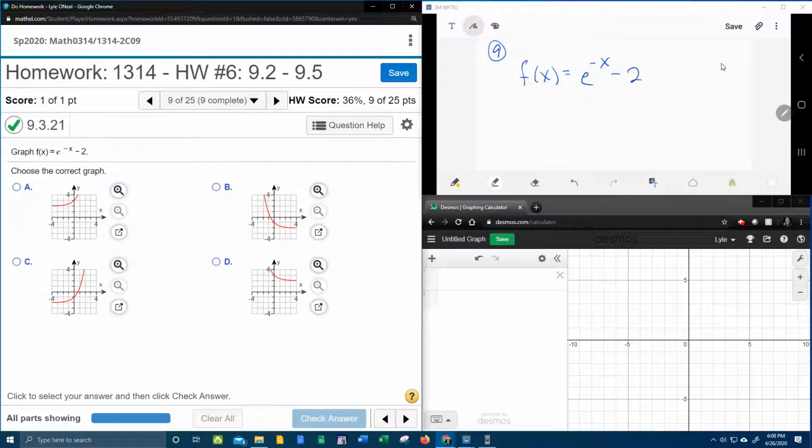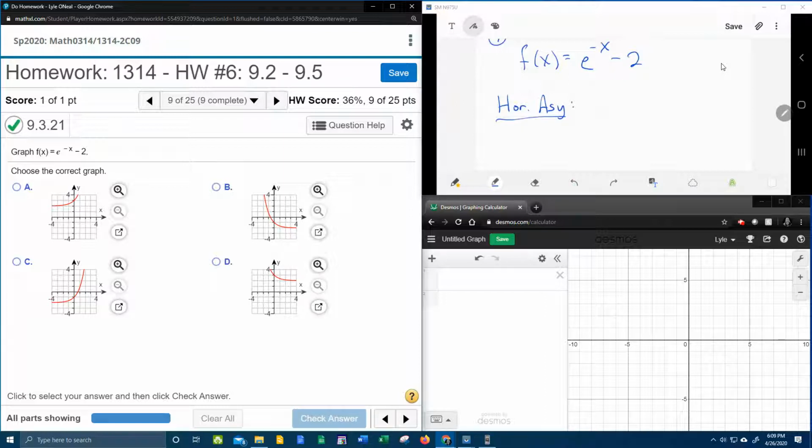In order to graph any function, really, but an exponential function, the first thing I want to remind you of is that every exponential function has a horizontal asymptote, okay? And the horizontal asymptote occurs at the constant.